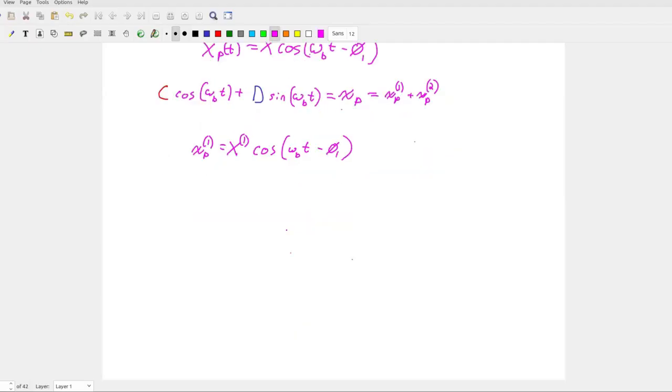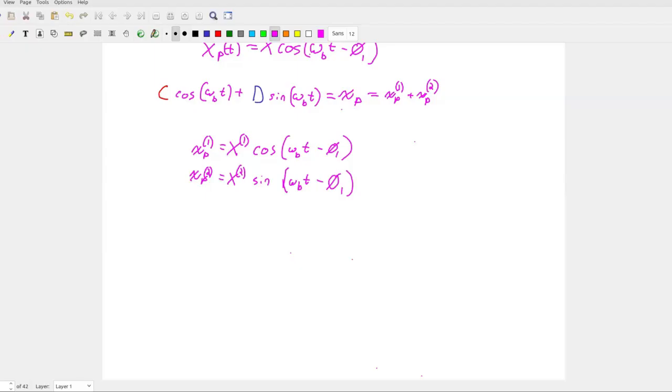All right. And now I can have my second side, which is x of p2 equals capital X of 2 sine of omega bt minus phi 1, which seems weird, right? I've got a phi 1 in the top one, and I've got a phi 2 in the bottom one.